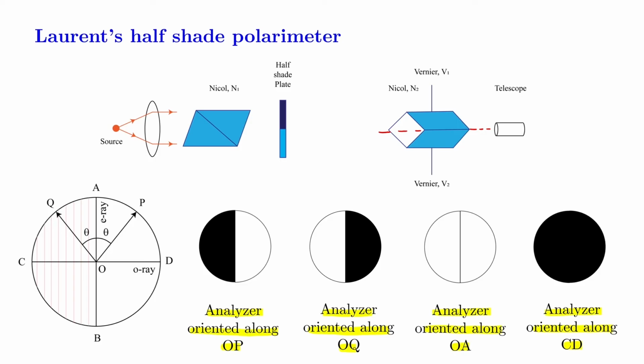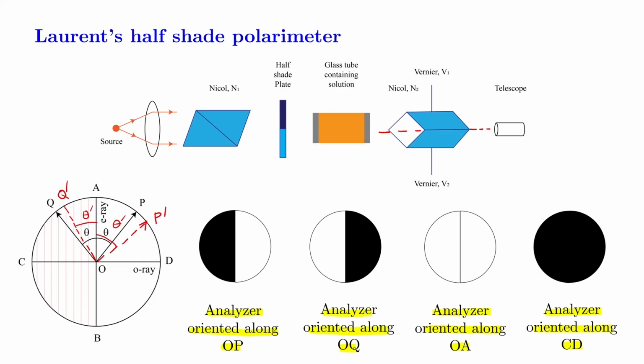To find the specific rotation of a solution, the analyzer is first placed in the position of equal darkness without the solution in the tube. The reading on the circular scale is then noted. Next, the tube is filled with the optically active solution of known concentration and placed between the half-shade plate and the nickel prism N2.